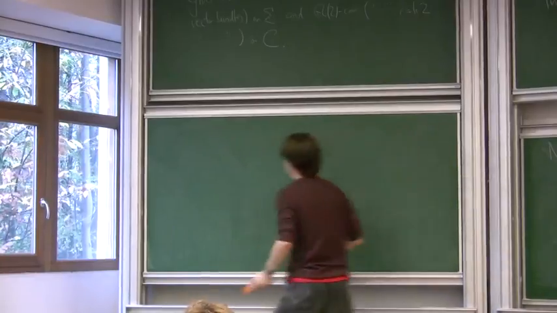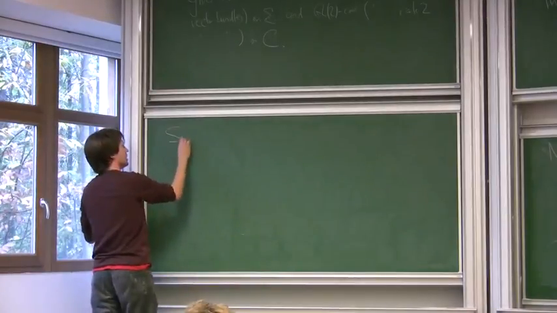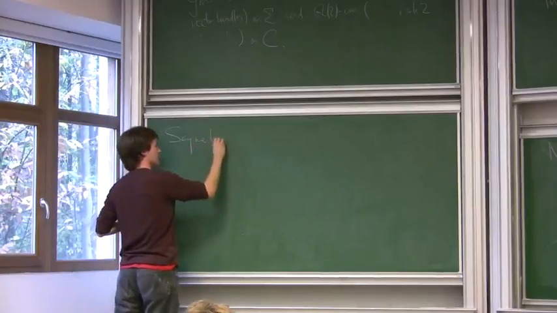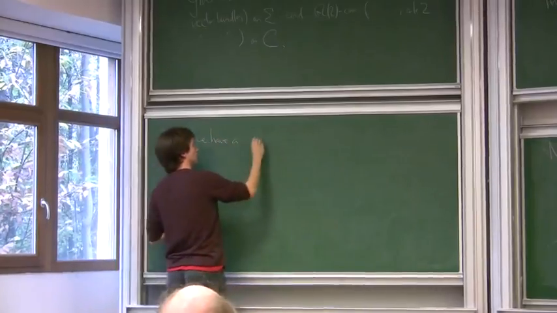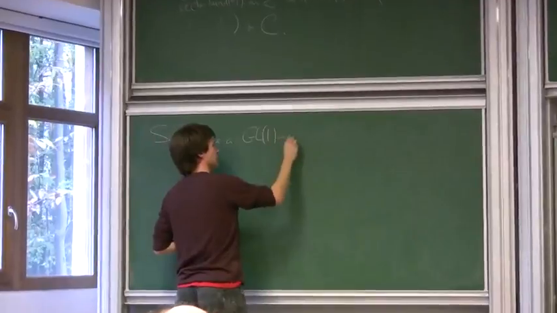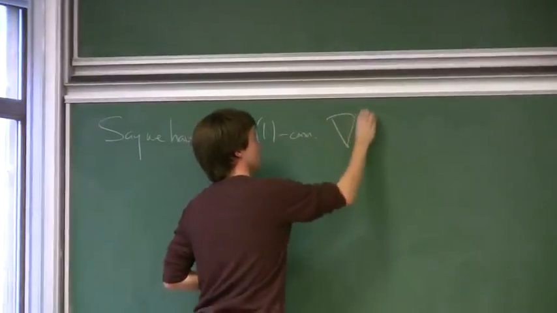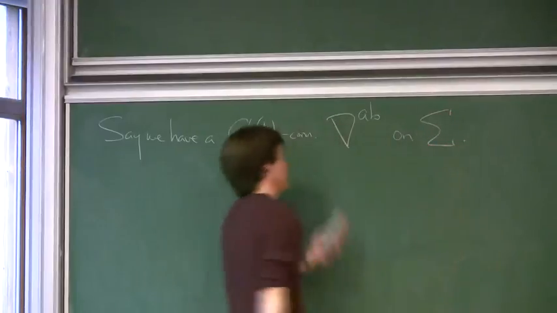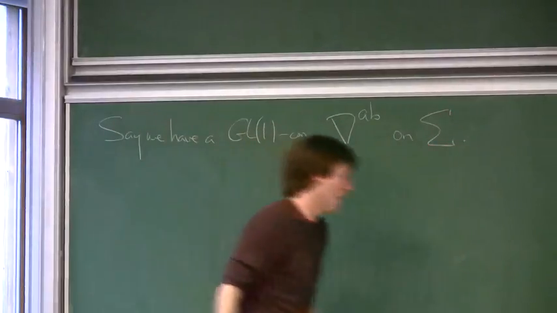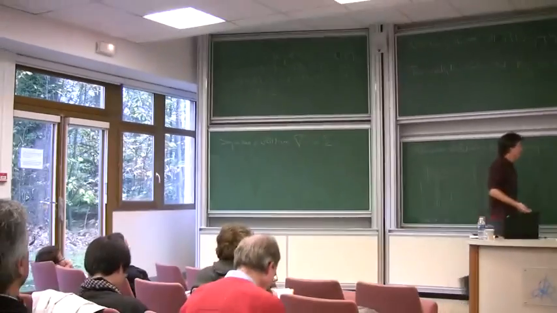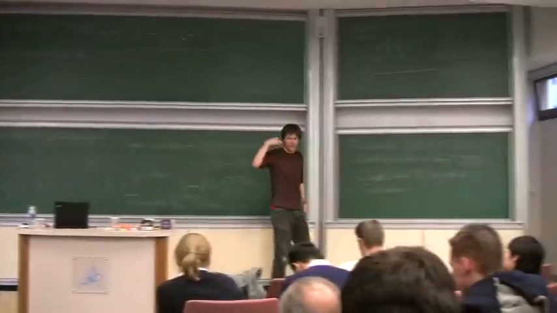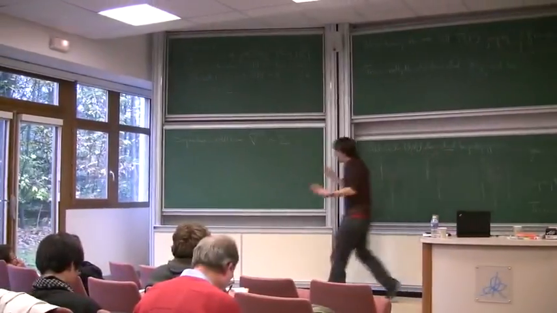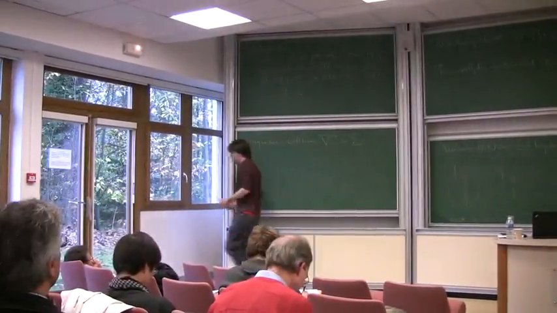So what's the idea? Say we have a rank 1 connection, GL1 connection, which I'll call nabla Boolean. Connection on a rank 1 vector bundle on C. And suppose that I would like to make a rank 2 connection on C downstairs. Well, what could I do? The most obvious thing you could try to do is just take the direct image, right?